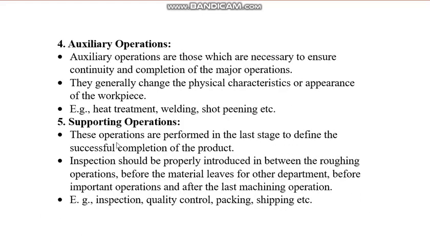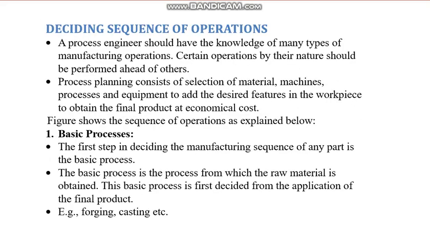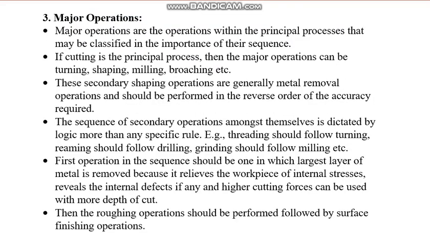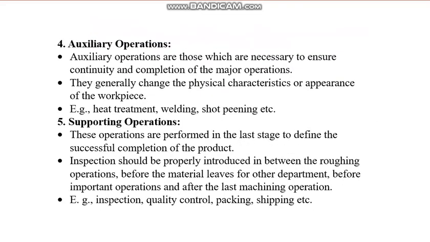Okay, so the next one, now we have started with basic process, then principal process, then major process. Now the fourth one is auxiliary process or auxiliary operations. The name itself says it's auxiliary. Auxiliary means in addition. That means these are not the major things. They are done in addition to the main operations.